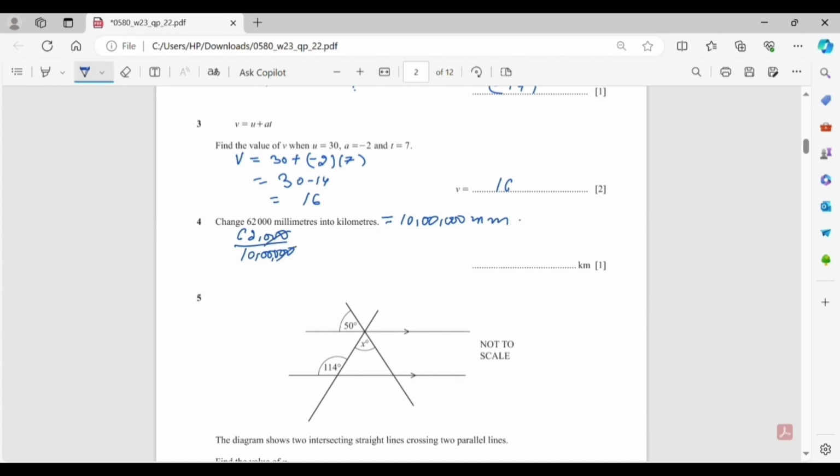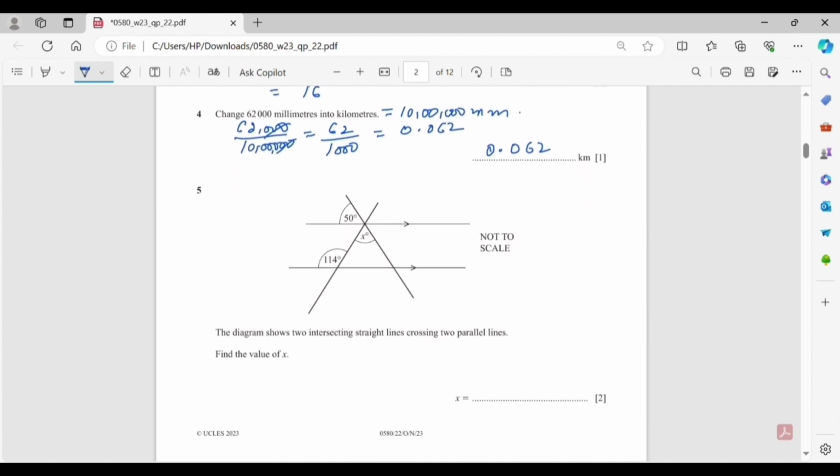Cut this to this, which is equal to 62 divided by 1000, equal to 0.062. So this will be our answer, 0.062 kilometer.